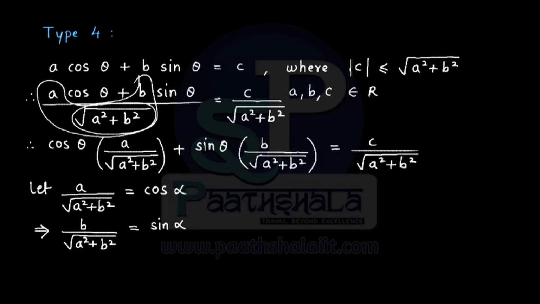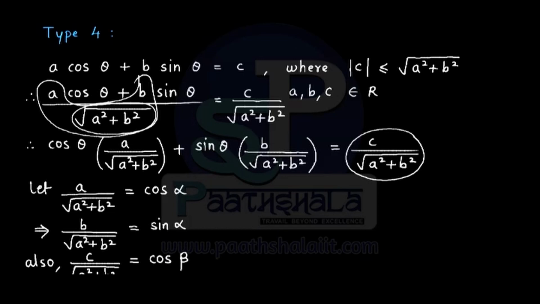Now we also assume that this particular right side quantity, that is c upon root of a square plus b square, to be equal to cos of some angle. So let's call it beta, right? We cannot say that it has to be alpha only, so we choose a different symbol in general, that is beta.